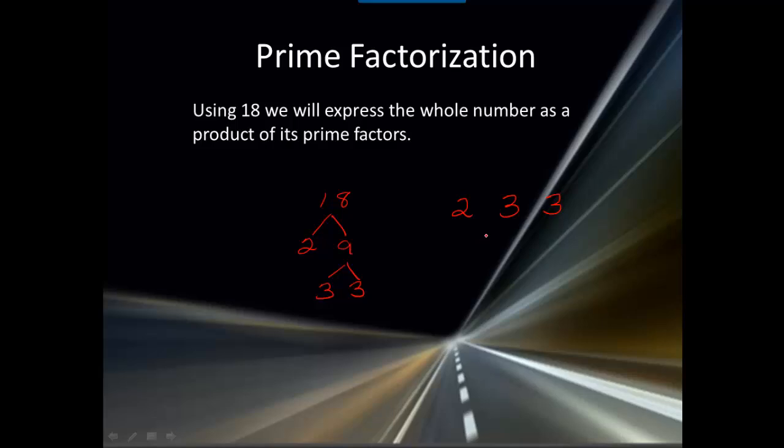Now, to do the prime factorization, we need to multiply these prime numbers, and we will get the product of 18. 2 times 3 is 6. 6 times 3 is 18. We have now done prime factorization.